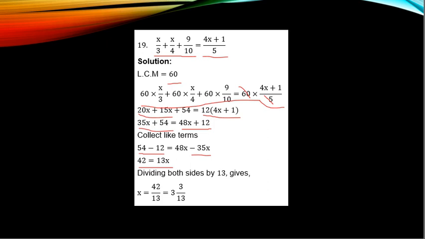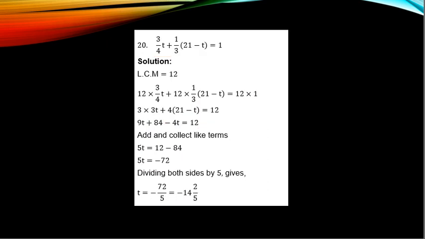So you have s equal to 42 over 13, and that is the lowest form, and it is in improper fraction form. You can convert it to mixed fraction, and you have 3 whole number, 3 all over 13. Okay.